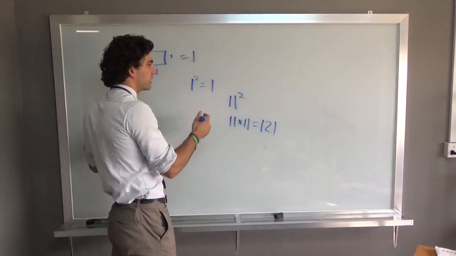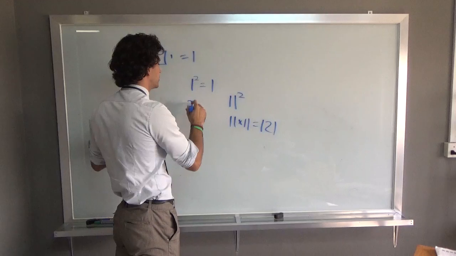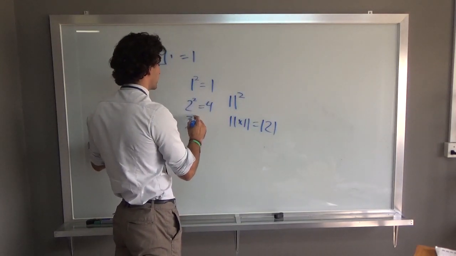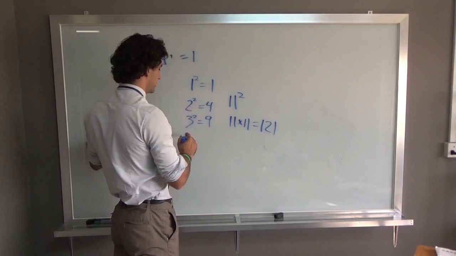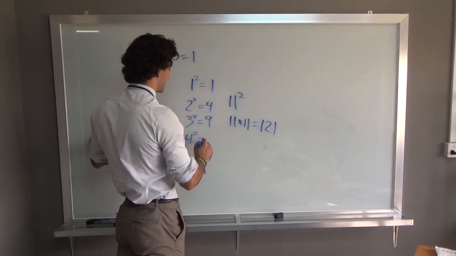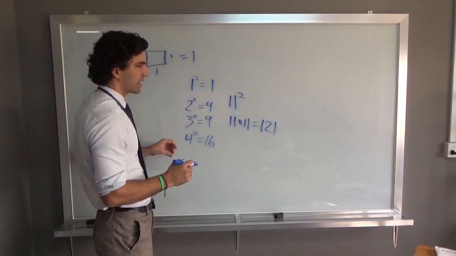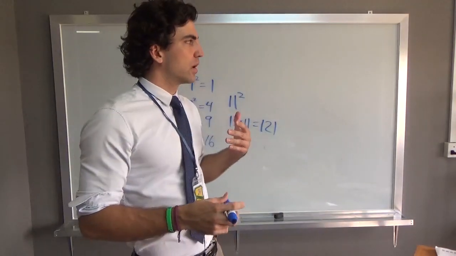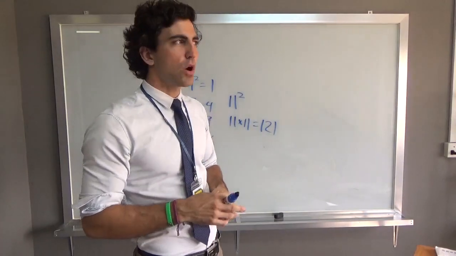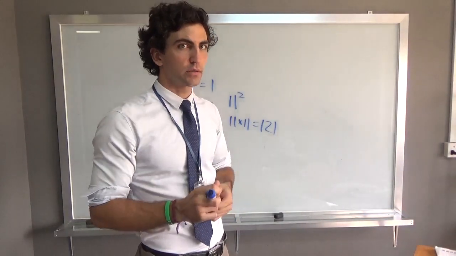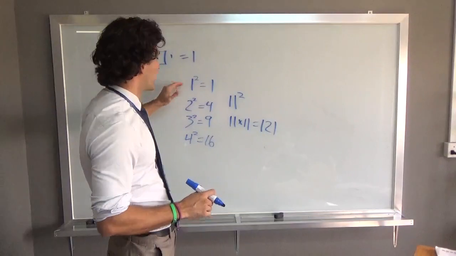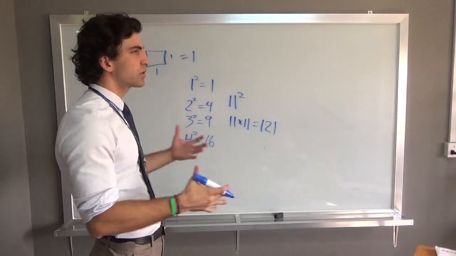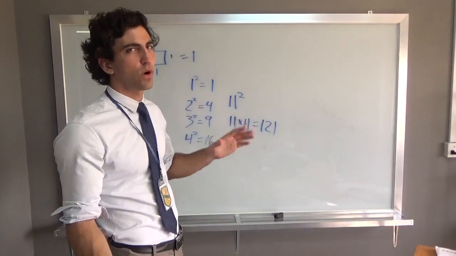So 1 squared is 1, 2 squared is 4, 3 squared is 9, 4 squared is 16, and it goes on and on and on. And I want most of you to know all the way up to 100, so as in 1 through 10 squared. 10 squared is 100. So knowing all of the squared numbers between 1 and 100.